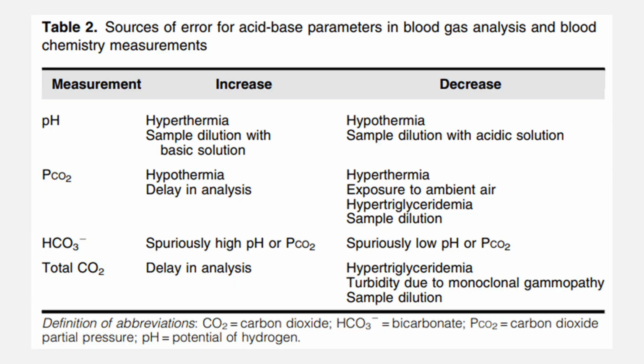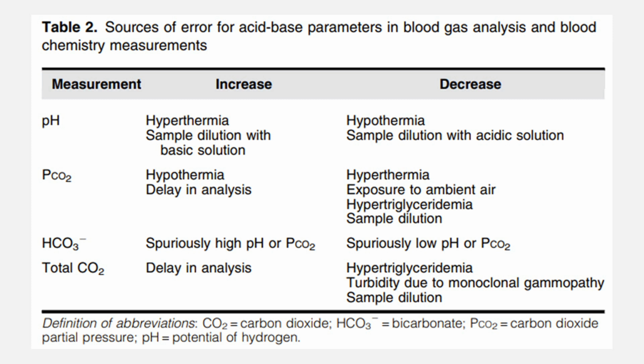I have a table here just showing some sources of error for these values. So for pH and PCO2, they can both be affected by temperature, so the patient not being normothermic, but they also note delay in analysis for PCO2, but we usually are drawing an ABG and immediately analyzing it, so I don't think that really applies.